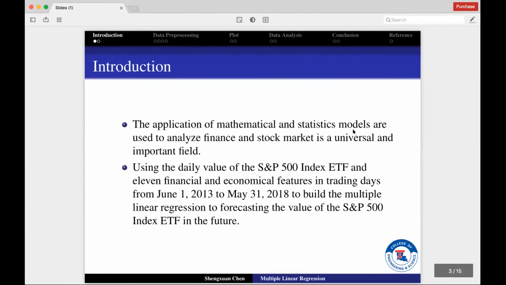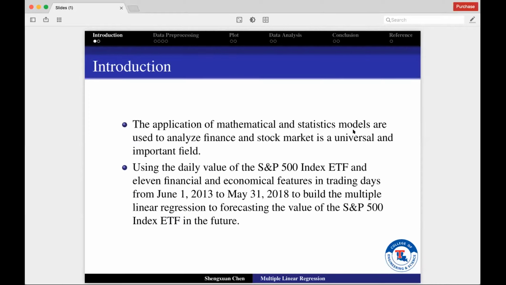The application of mathematical and statistical models to analyze finance and the stock market is a universal and important field. The goal of this project is forecasting the daily value of the S&P 500. The linear regression model is a very common and popular method in finance and business.